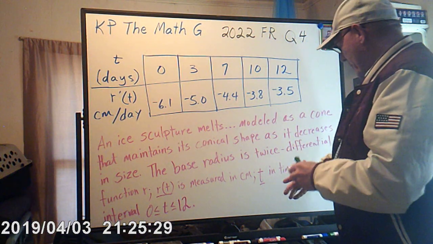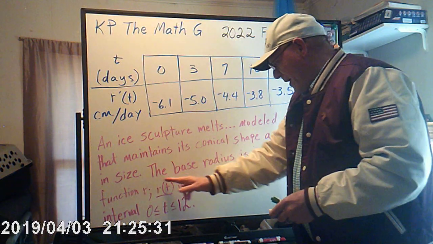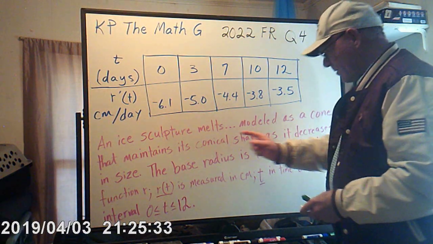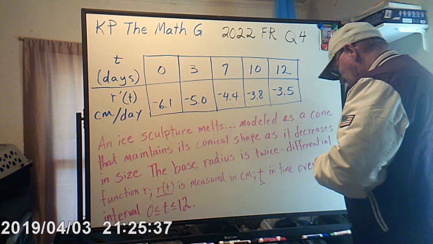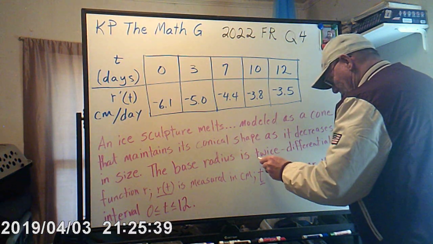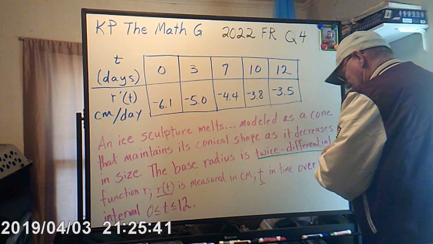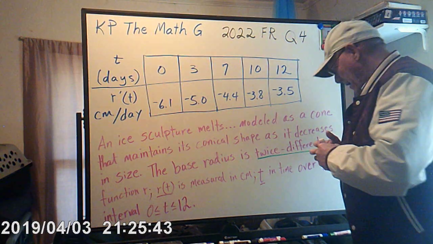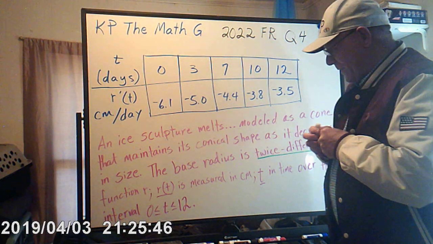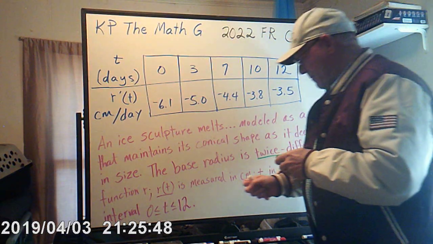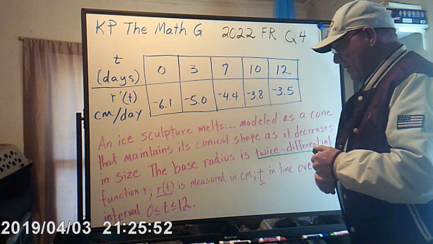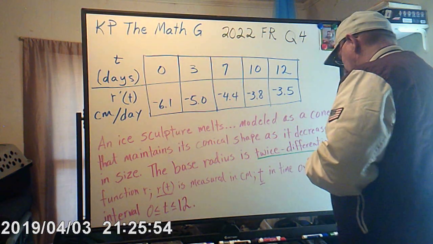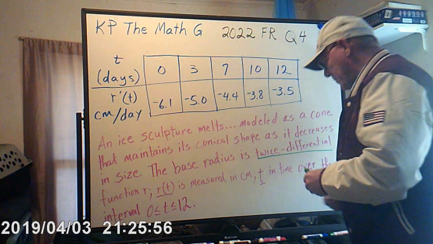Now, look at this again. It says right here, the radius of the base is a twice differentiable function of t, with r prime at t in centimeters, and t is in time, over this interval here. So, twice differentiable.